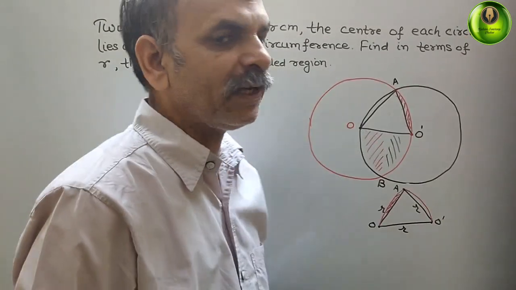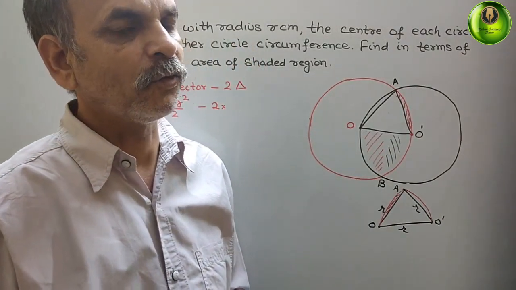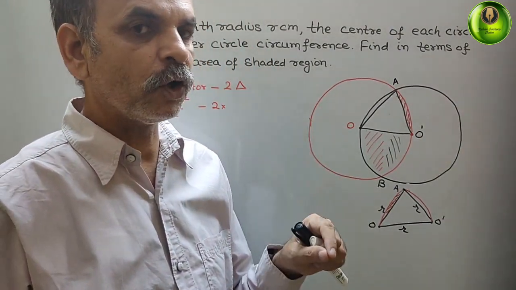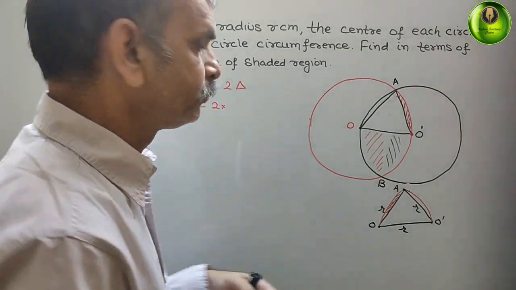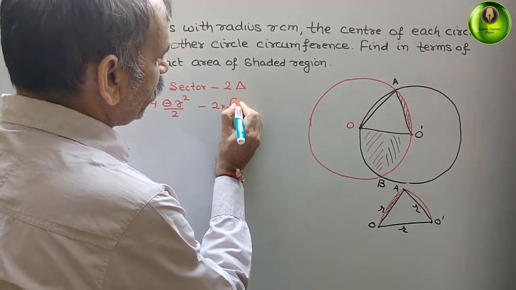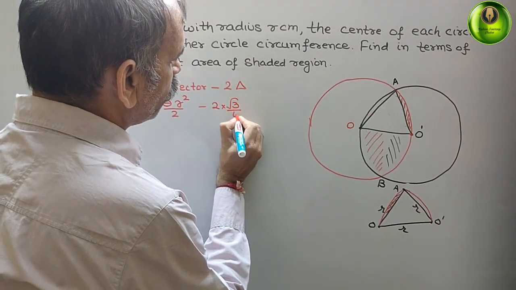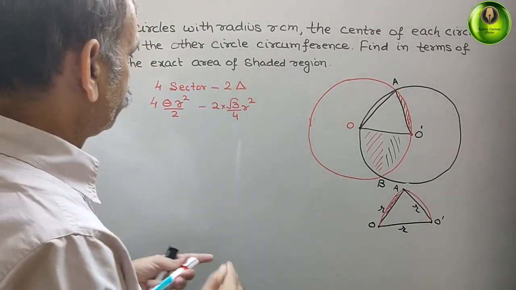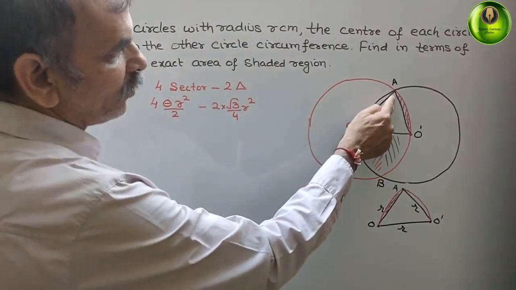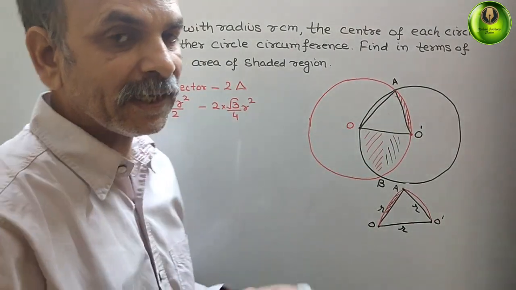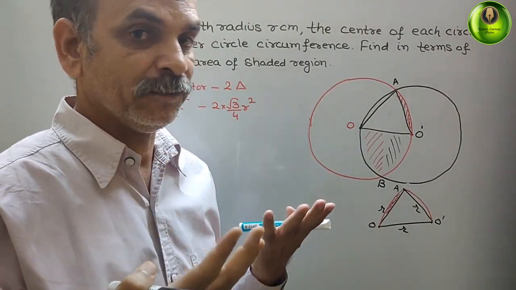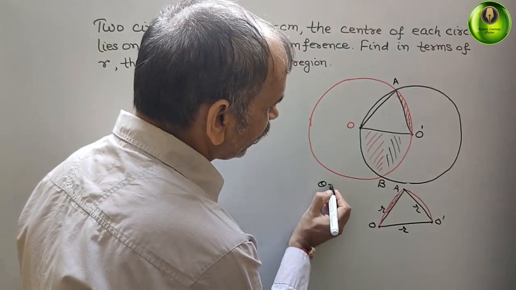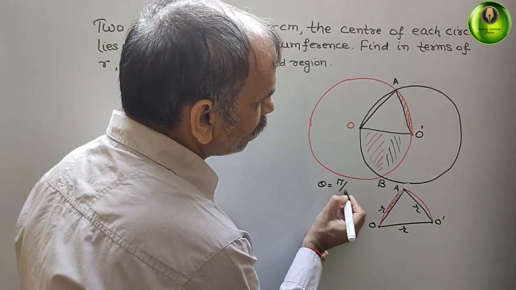This triangle is an equilateral triangle. So what is the area of an equilateral triangle? Root 3 by 4 r square. Now, what is your theta? The angle in an equilateral triangle is 60 degree. In radians it is pi by 3.